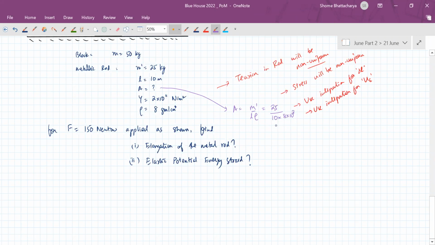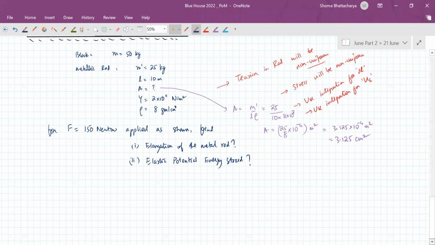So this will give us the area in meters square. This is the area of cross section.